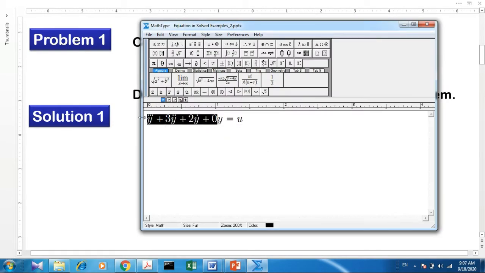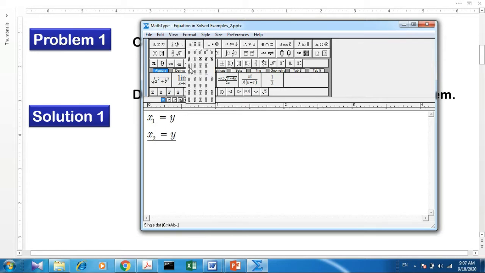There are 3 state variables because this is a third order differential equation. x1 equals y, x2 equals y dot, and x3 equals y double dot.